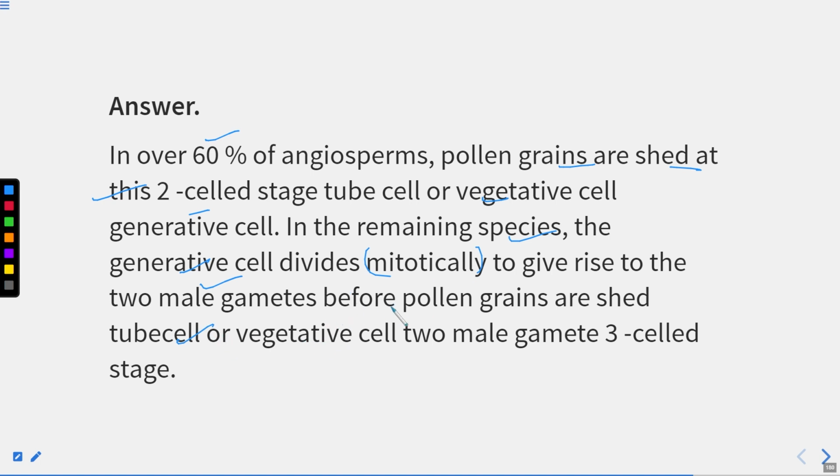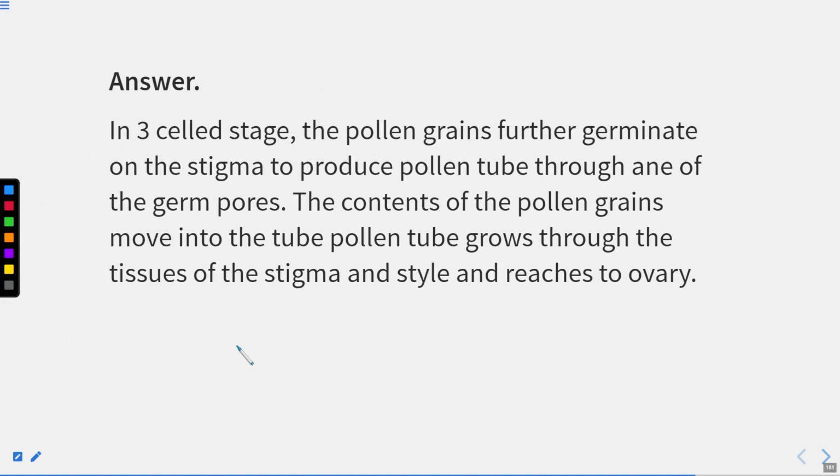So now at the 3-cell stage, what all 3 cells are present? One is the vegetative cell and the other two are the 2 male gametes. So 1 vegetative cell and 2 male gametes form the 3-celled stage. Now, in the 3-celled stage, the pollen grains germinate on the stigma to produce the pollen tubes.